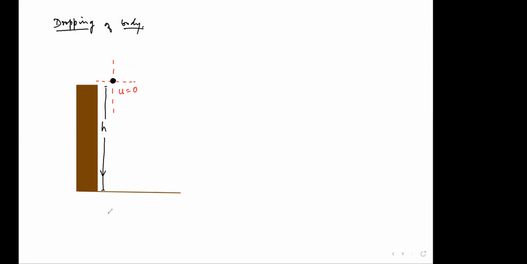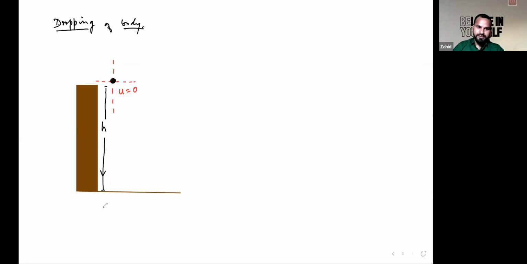So height will be taken as negative. So h will be negative. Gravity always acts along the downward direction, so it will again be taken as negative. Now just use these two terms in any of the given equations, and you will find your answer for time, final velocity on hitting the ground, and so on.